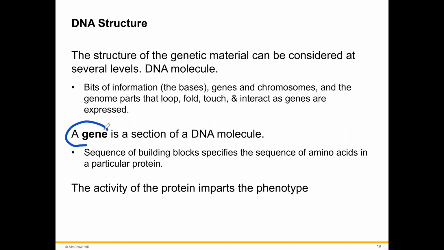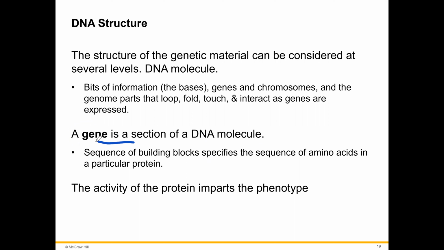So now what is a gene? A gene is a section of DNA molecule. It's a sequence of building blocks that specifies the sequence of amino acids in a particular protein. So to make it easier, a gene is a part of DNA that codes for protein.